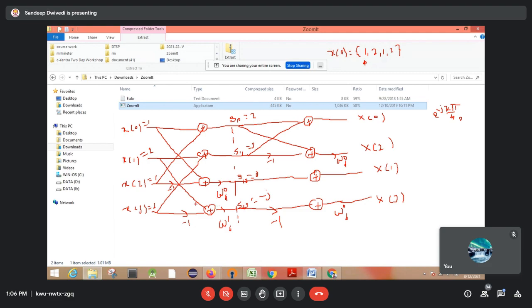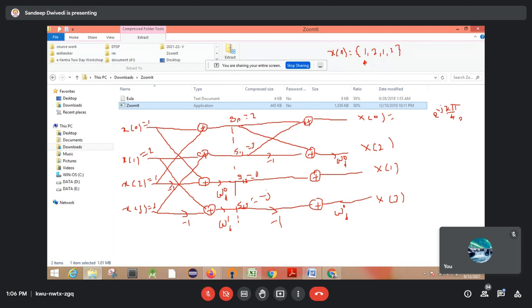See here, this will be 2, this will be 1 minus 1. 1 into minus 1 will be minus 1, 2 minus 1 will be 1, and 1 will be multiplied by this twiddle factor, that will give you the minus j. Okay, so now for the next you can do this calculation also.